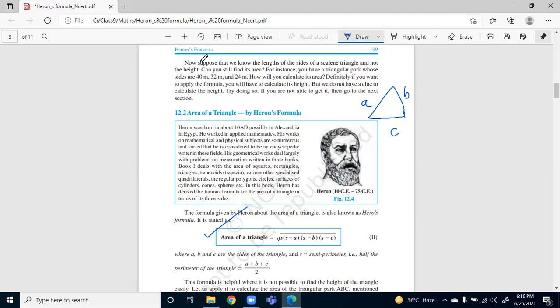Here s is the semi-perimeter. Semi-perimeter means half of the perimeter. So if perimeter is the sum of the length of all three sides, then I have to divide it by 2. That will make the semi-perimeter. So please write this formula in your copy, then we will proceed to the questions.